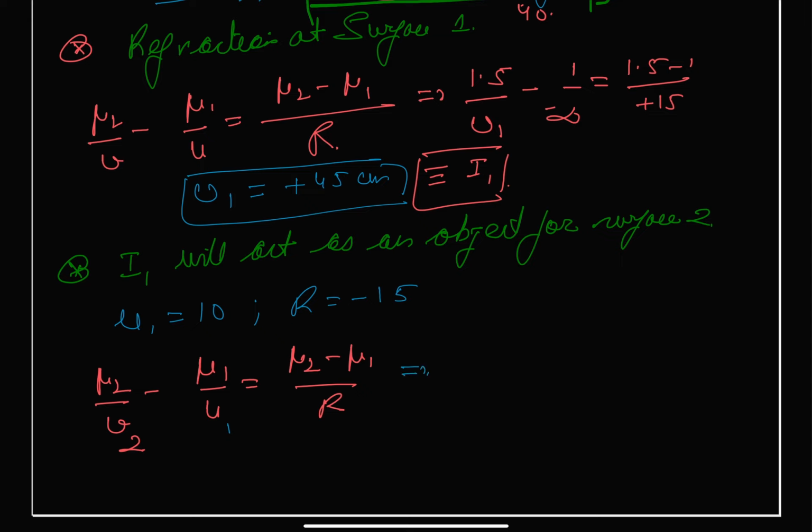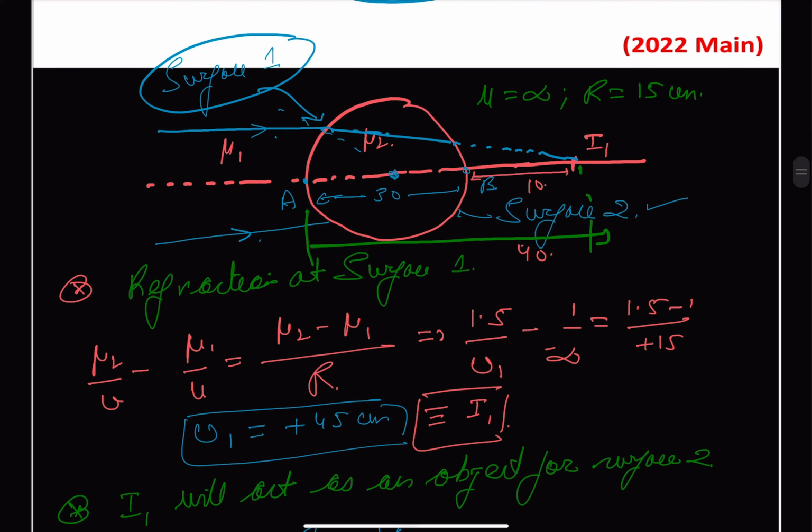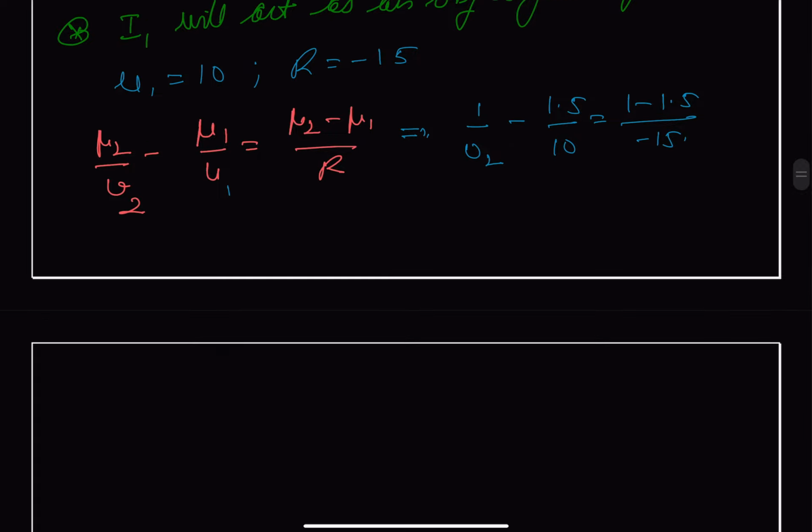Therefore we get 1 upon v2 minus 1.5 upon 15 is equal to 1 minus 1.5 divided by minus 15. Okay. So therefore we can say that our v2 will be equal to 7.5 centimeters.